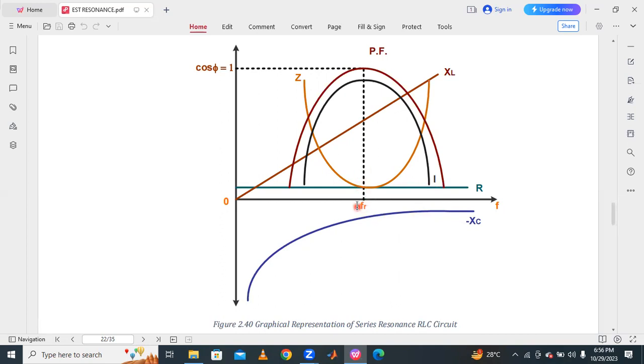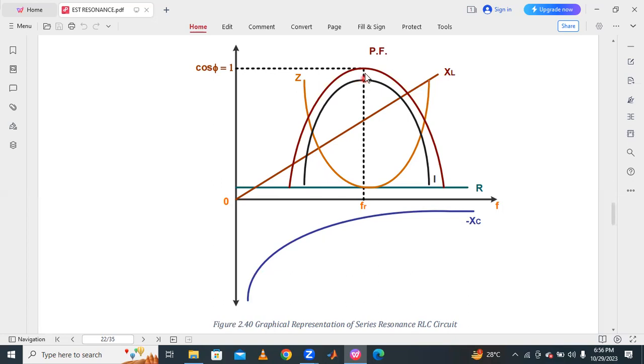Next is the current curve, the black line. At resonance condition, resistance is minimum, that's why current is maximum. Under resonance condition, it draws more current from the supply.